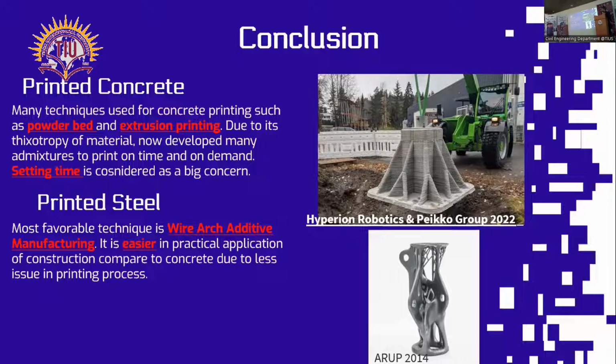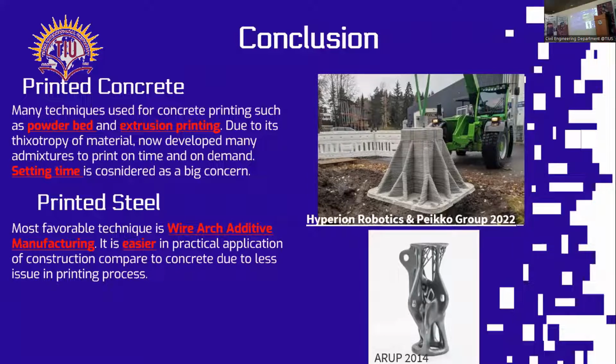In addition, I want to talk a little bit about steel. Steel manufacturing, like wire arc additive manufacturing, can be easier or more practicable than the concrete one. As you can see, by Arab in 2014, they built this kind of poles for construction purposes.